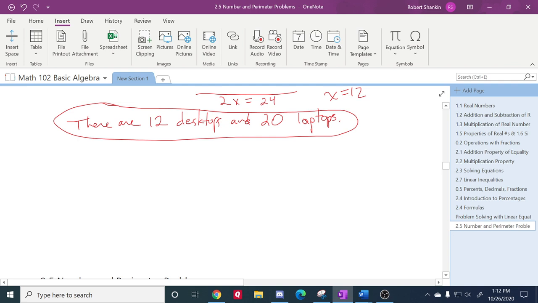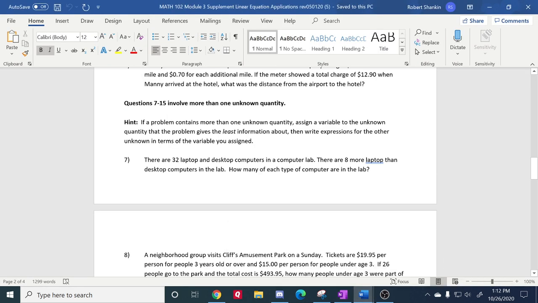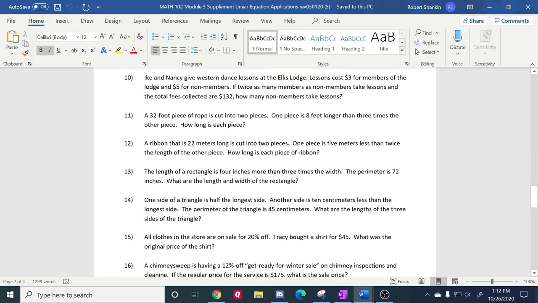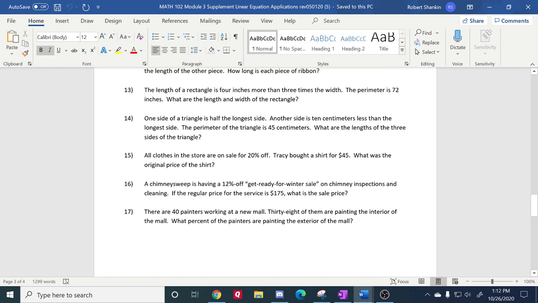Number 14. Same worksheet, right? Yes. Okay. All right. 14, I'm going to save because we're going to be doing problems like that today in class. And then you'll be able to come back to this and handle this easy after today's lesson.